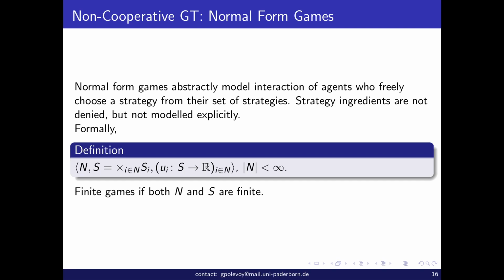So without going into the details what exactly the agent thinks, just an agent has some strategy which can encode a complicated contingency plan of what the agent does if the other agent does something else. But the model just assumes which strategies there are and what are the utilities that each of the agents obtains given each strategy profile.